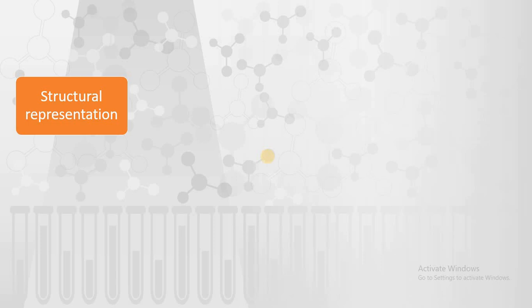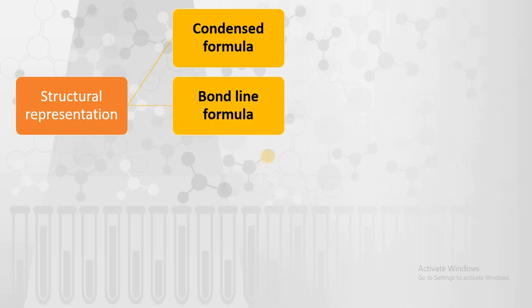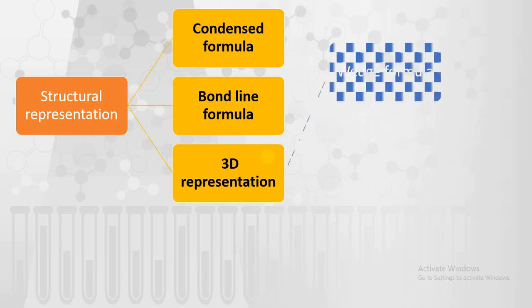The structural classification has three types: the condensed formula, then the bond line formula, then the 3D representation of the molecules.